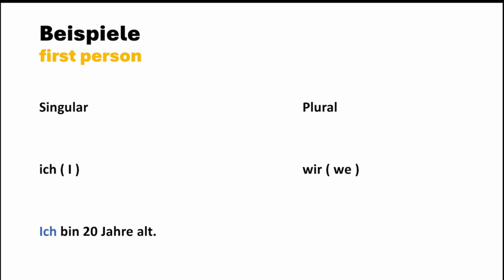Okay? So this could be ich bin 20 Jahre alt. I am 20 years old. Or wir sind 20 Jahre alt. We are 20 years old. In both cases, you're speaking about yourself. Just one is the singular and one is the plural case.